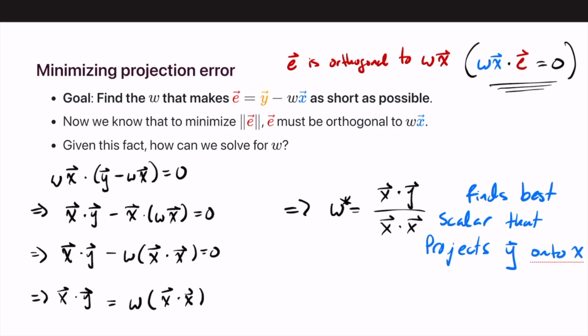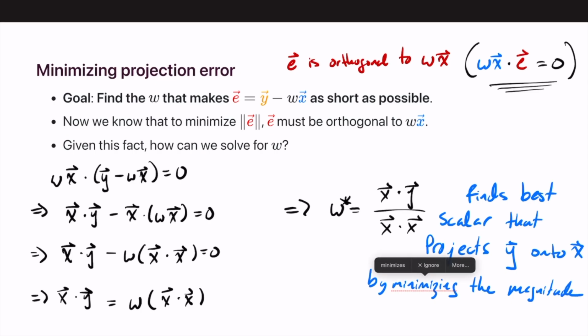And this is done by minimizing the error vector e. Well, I suppose minimizing the magnitude. Yeah, let's put e actually.